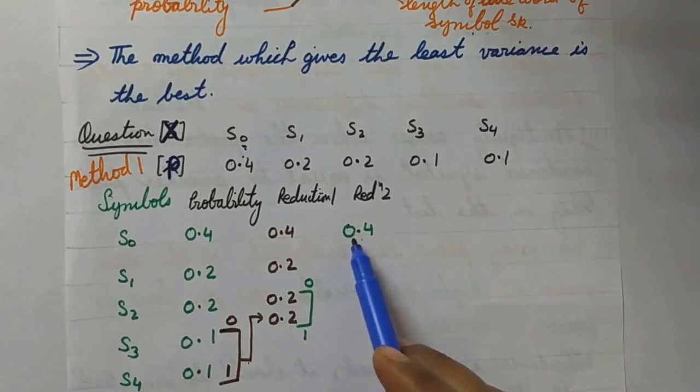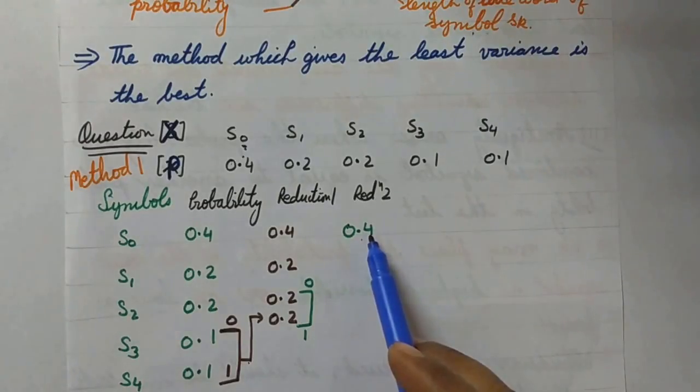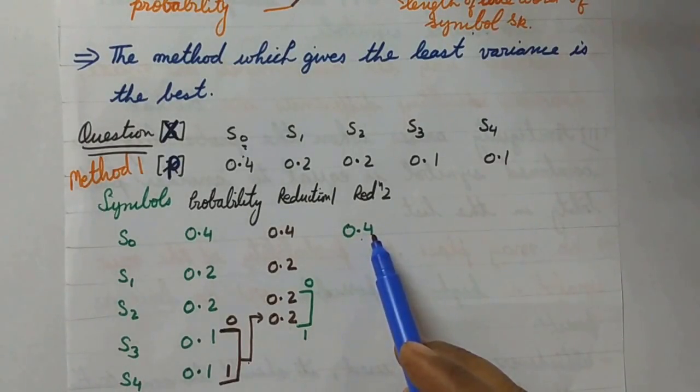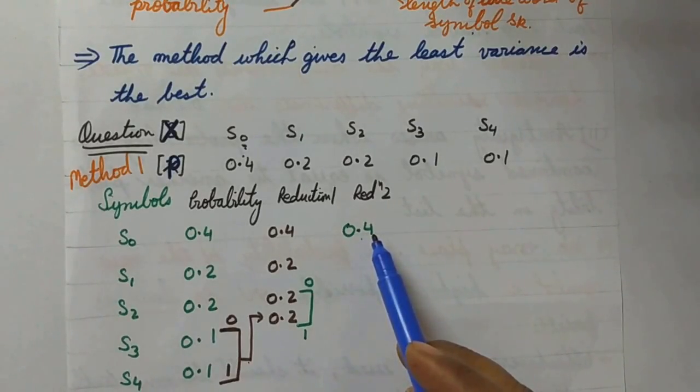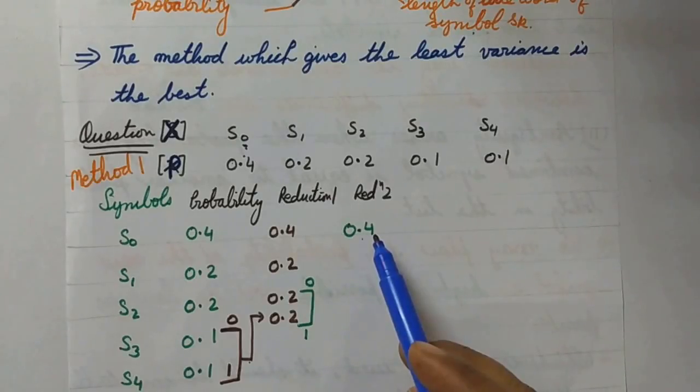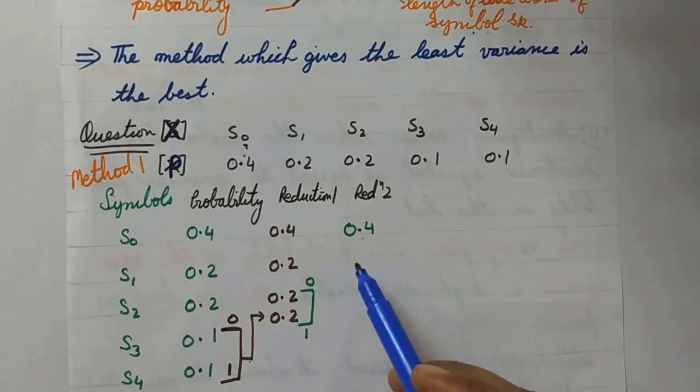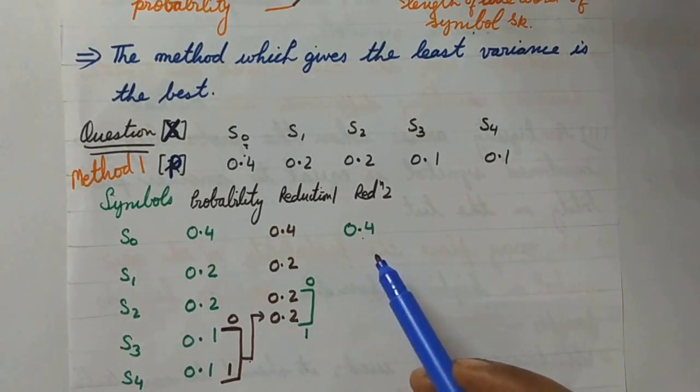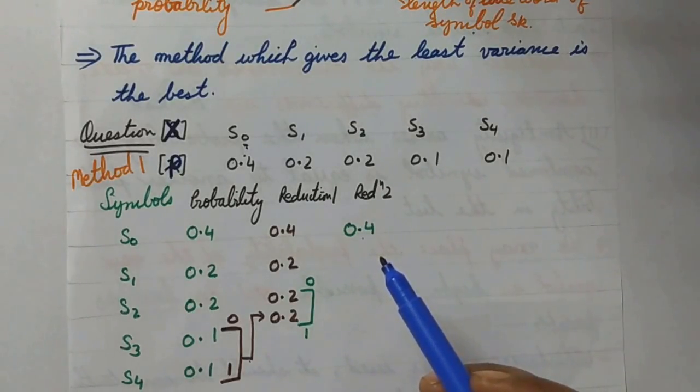Since I have to arrange all the probabilities in decreasing order, this ambiguity about placing above or below comes only when the sum is the same value as a probability in the question.